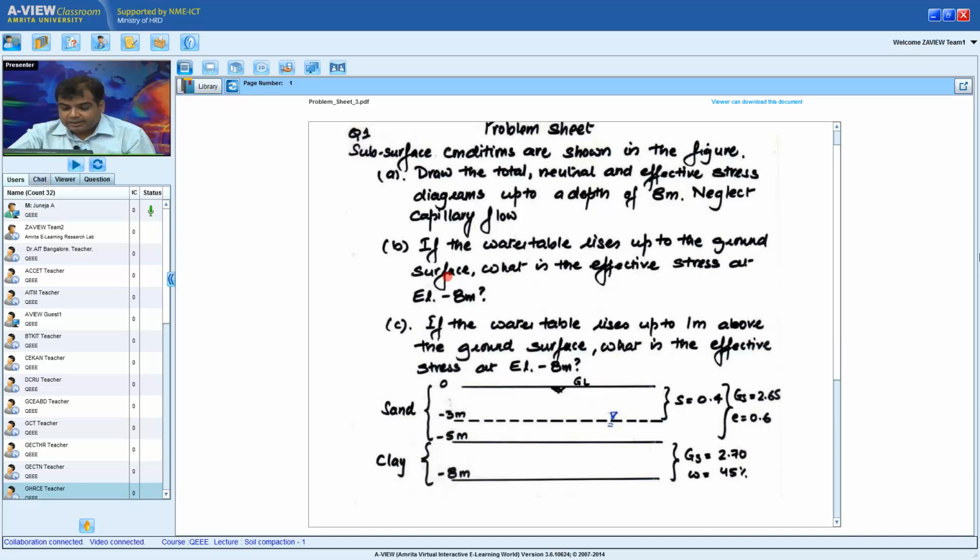Part B asks what happens if the groundwater table reaches the surface: what is the effective stress at 8 meter depth? Part C says the groundwater table level is now 1 meter above the surface: what is the effective stress at 8 meter depth? So let's start from the first part.